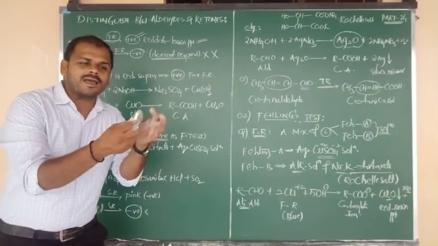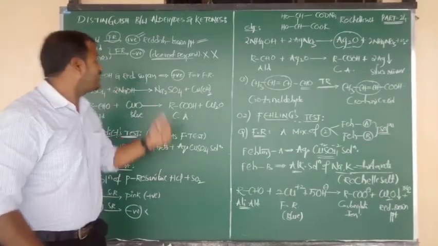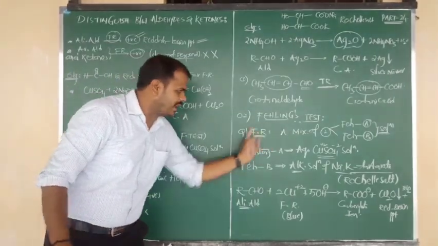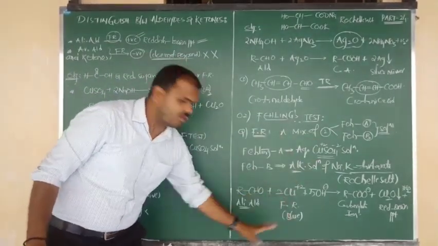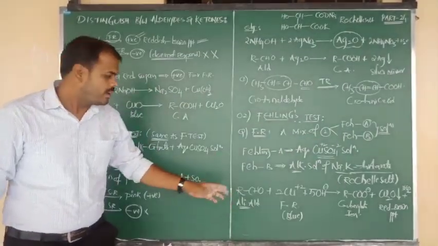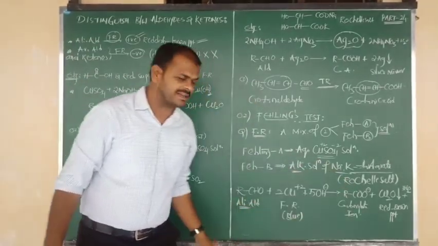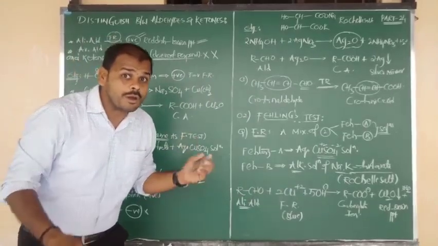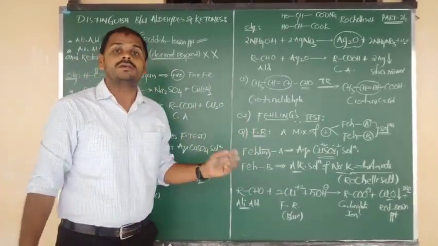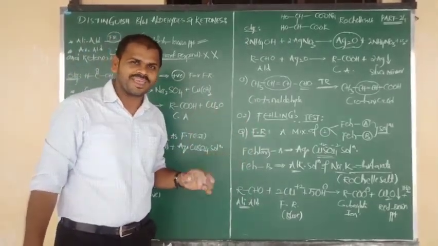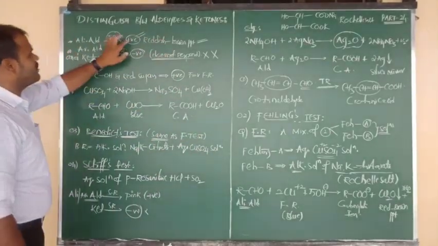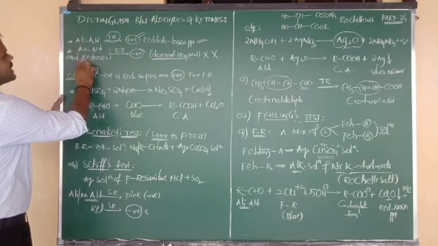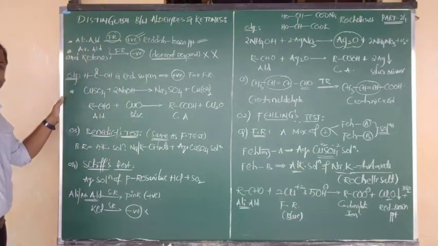First, we have to take acetaldehyde because it is an aliphatic aldehyde. To that we add a few drops of Fehling's mixture, which is blue. After addition, the aliphatic aldehyde changes into the acid, and blue changes into reddish brown. What is the formula of reddish brown? Cuprous oxide, Cu2O. Such reddish brown precipitate formation takes place only from aliphatic aldehydes, but aromatic aldehydes and ketones are both negative.